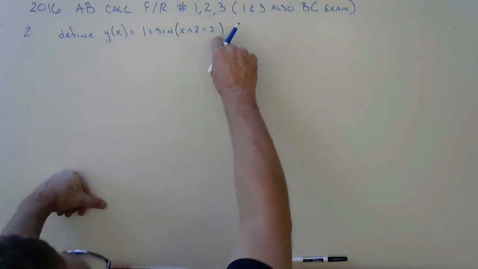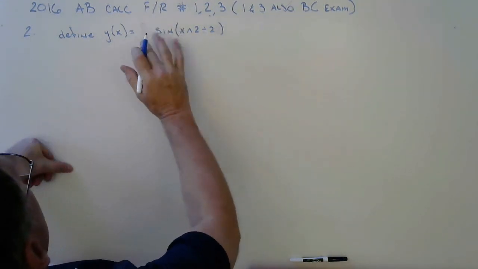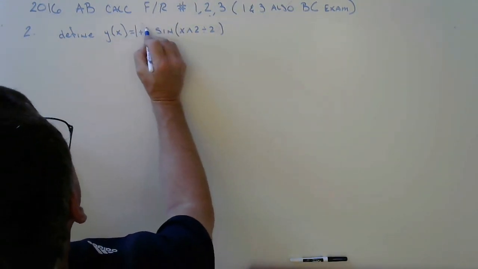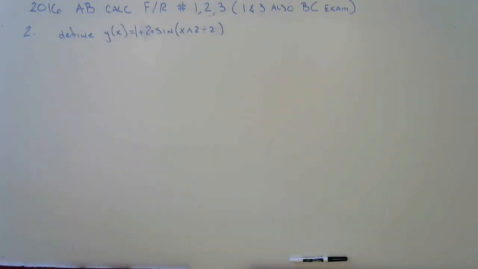That was the function they gave us. So I would have typed that in already, and I guess I wrote it wrong. So it's 1 plus 2 times sine. And of course, we don't use t on our calculator, so we would be using x.